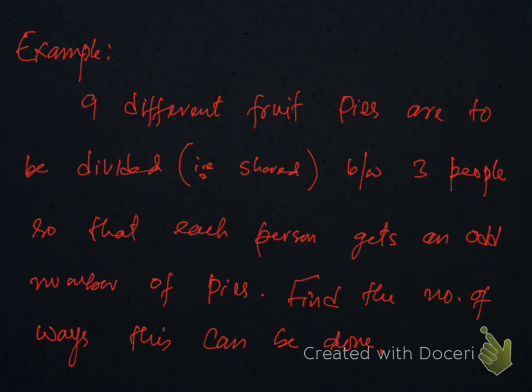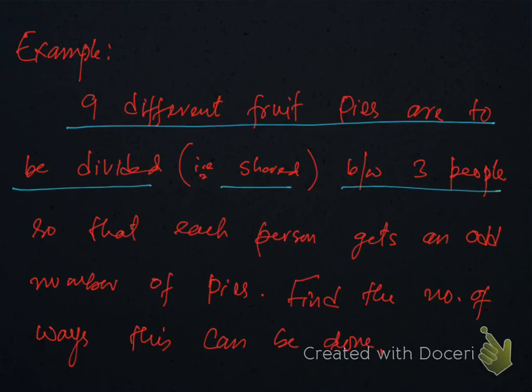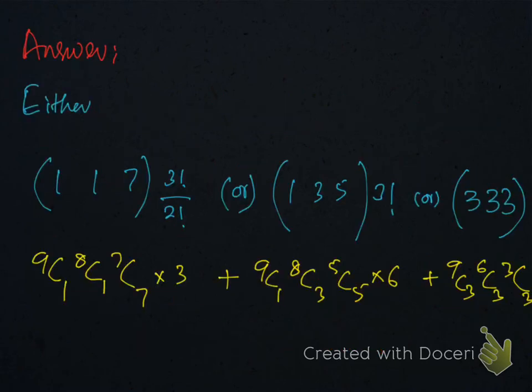Example: 9 different fruit pies are to be divided between 3 people, so that each person gets an odd number of pies. Find the number of ways this can be done. So we can divide 9 different fruit pies in odd numbers in these 3 ways.